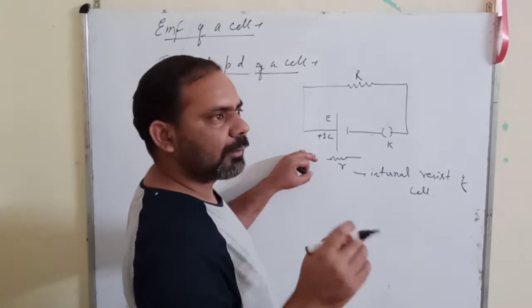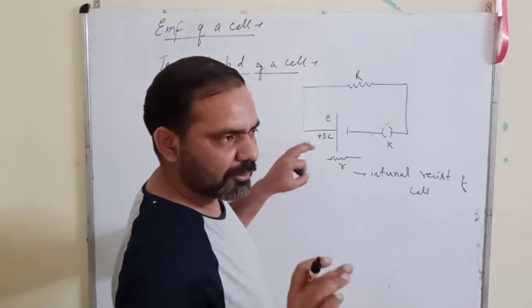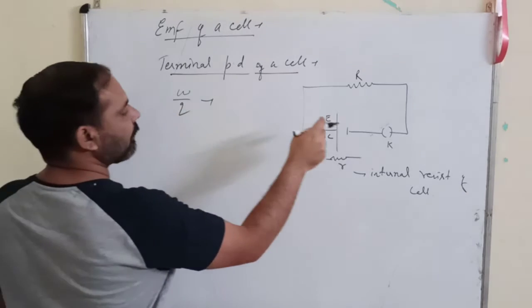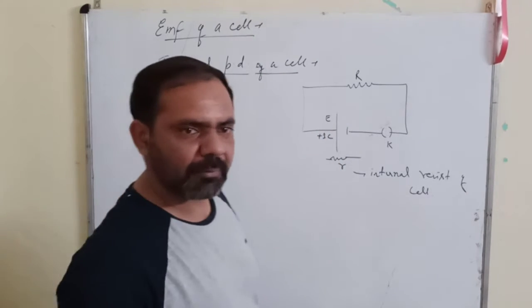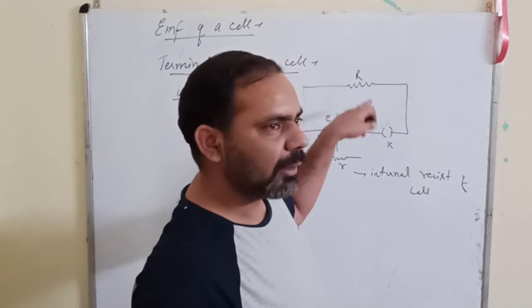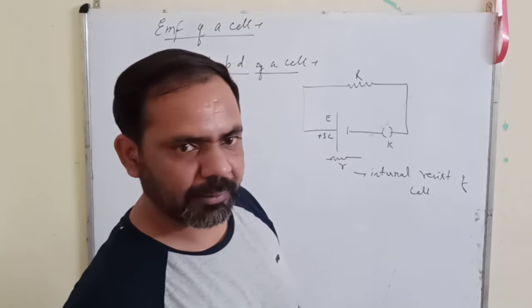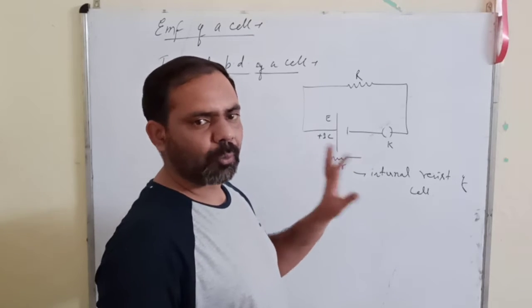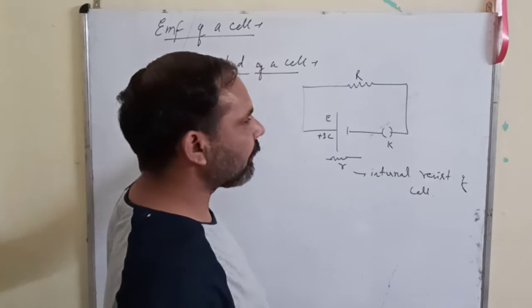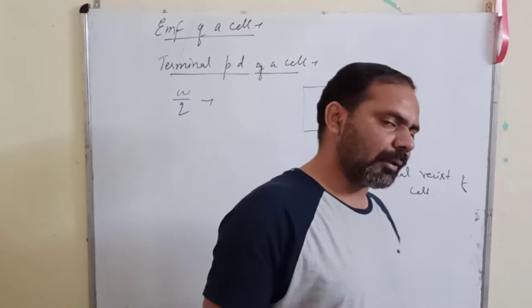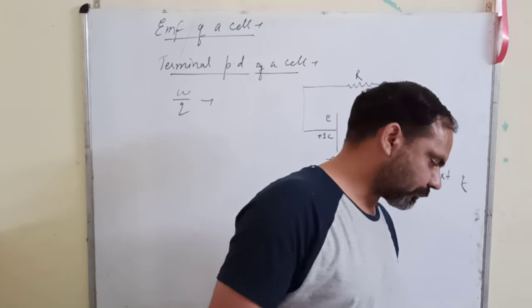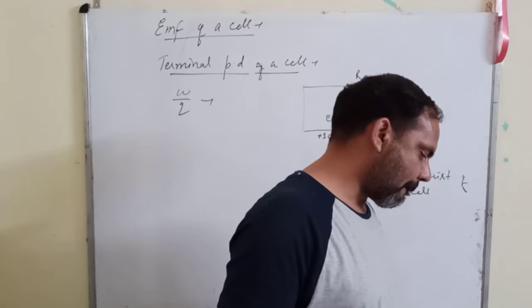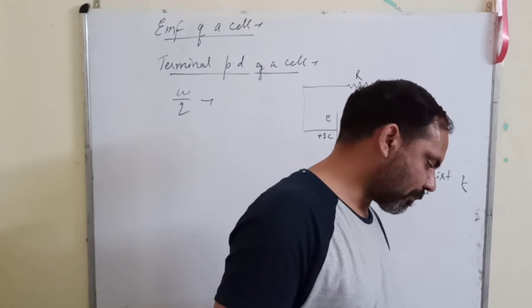The work done per unit charge in taking a charge from the positive terminal of the cell to the negative terminal through the circuit when the circuit is open, that amount of work done per unit charge is called the EMF of the cell.